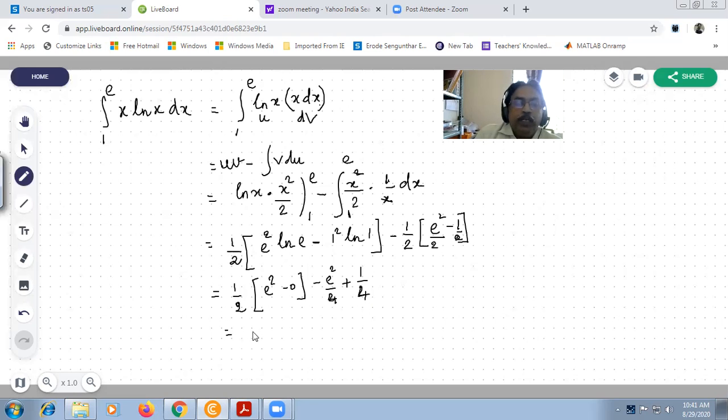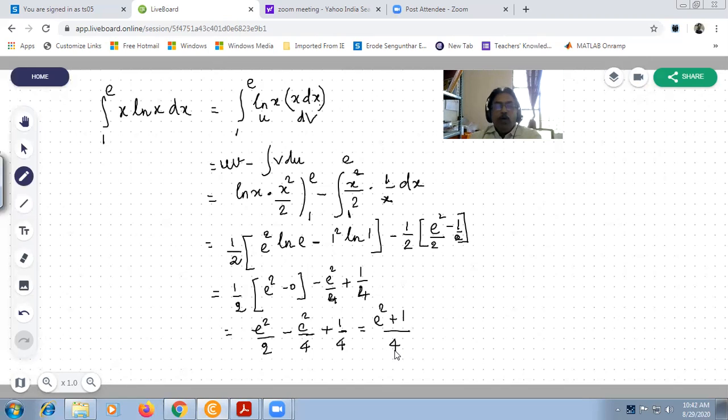That is the mistake if you skip any integration. Minus E square by 4 plus 1 by 4, which is equal to E square plus 1 by 4.